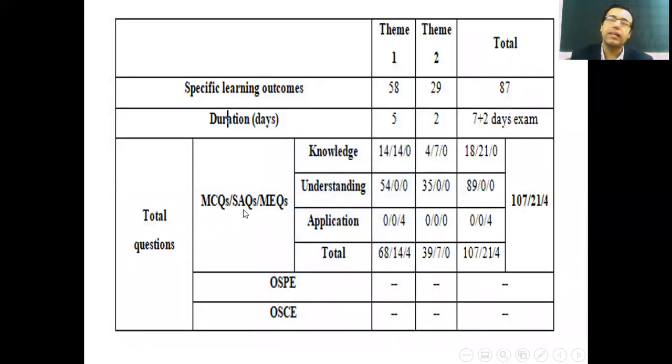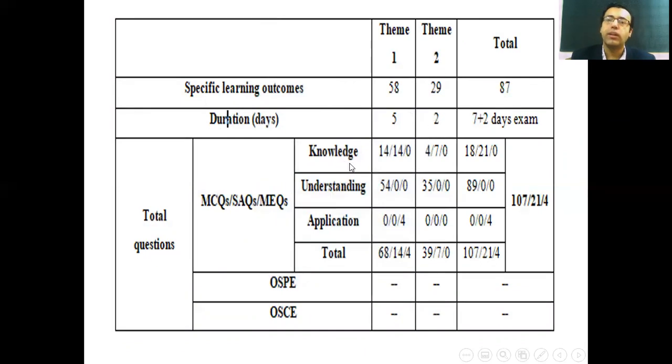This is another table. For example, theme 1, theme 2, specific learning outcomes 58, specific learning outcomes of theme 2, 29. So duration in days for teaching theme 1 is 5 days, and for theme 2, 2 days.